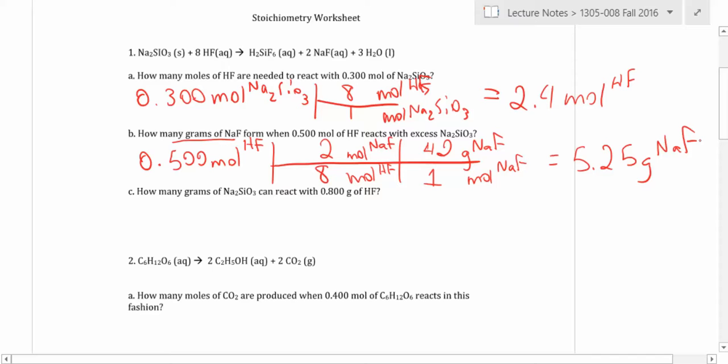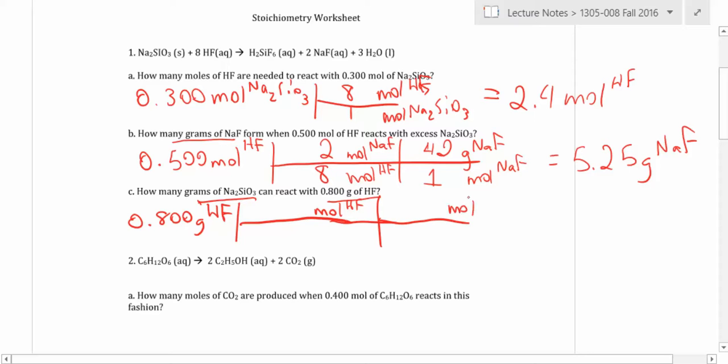Okay, so now I'm going to go from the grams of Na2SiO3 to the grams of HF, or from the grams of HF to the grams of that. So 0.800 grams of HF. The first step has to be to the moles of HF, then to the moles of the other thing, which is Na2SiO3, then to the grams of Na2SiO3.